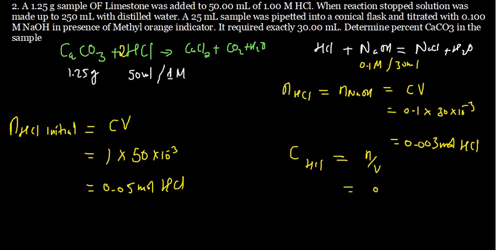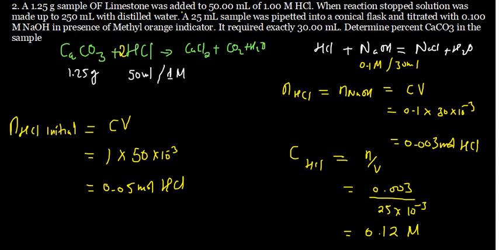Number of moles is 0.003, the volume is 25, but convert this to liters, times 10 to the power negative 3. 0.003 divided by 25 times 10 to the power negative 3 has given me 0.12 molar.